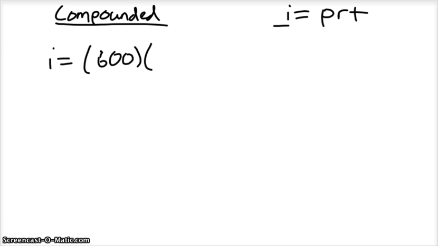Our interest rate is 8.75, so that is 0.0875. And lastly, our time. This is where the compounded comes in. Compounded simply means that it keeps growing. So we're talking about 2 years.